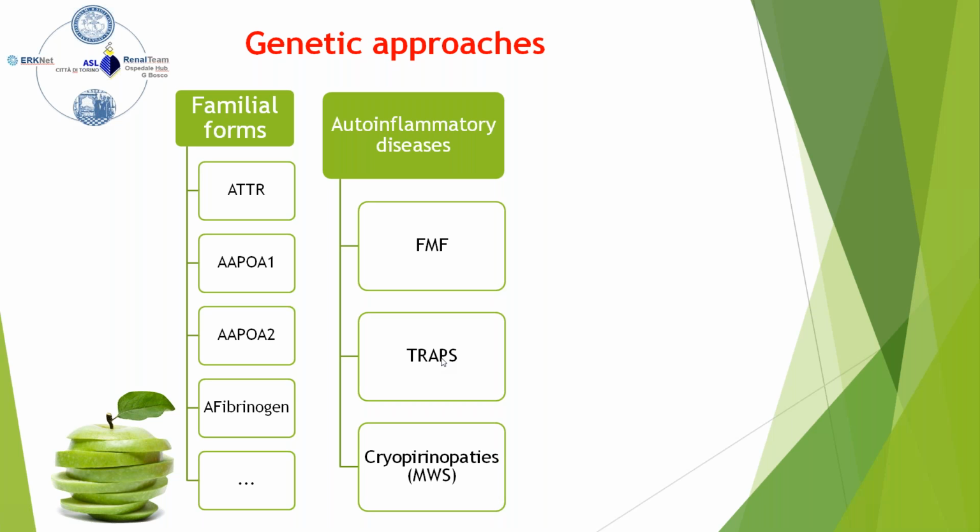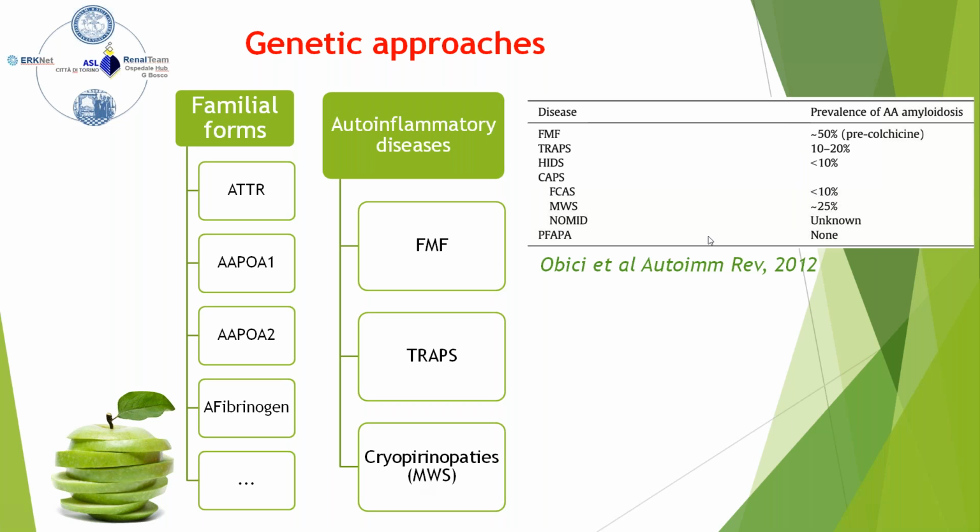In this case, we can suspect autoinflammatory diseases such as familial Mediterranean fever or TNF receptor-associated syndrome, or cryopyrinopathies such as Muckle-Wells syndrome. These autoinflammatory diseases are associated with different frequencies with the formation of amyloid deposits.